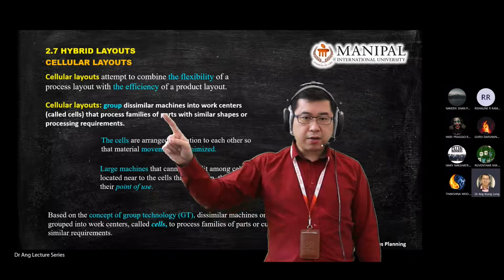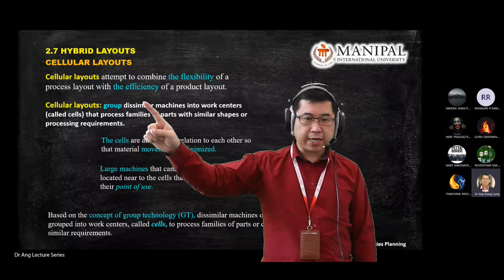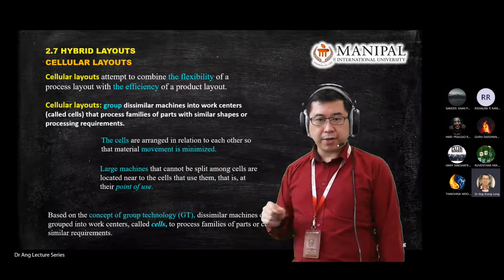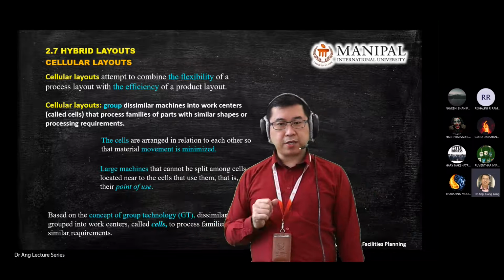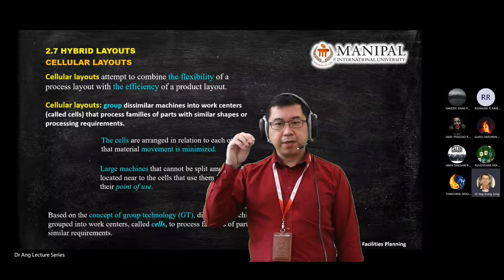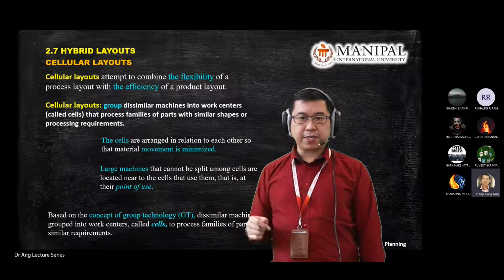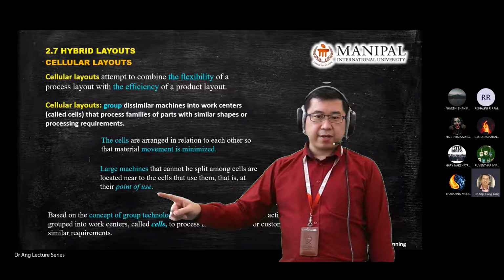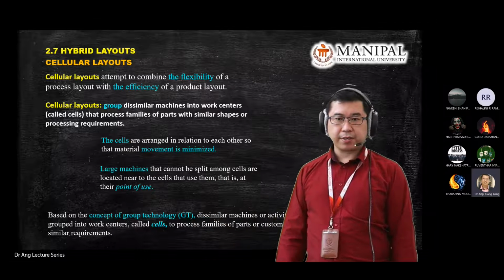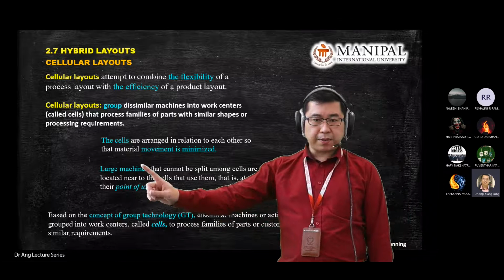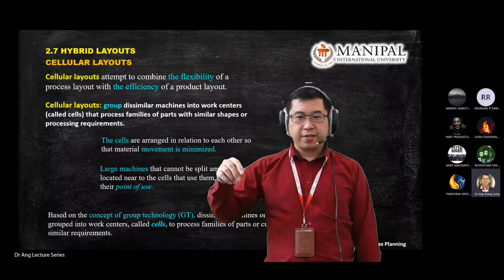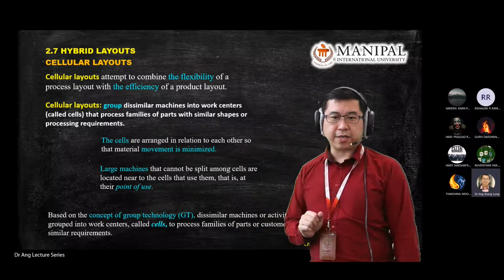Usually, when the manager uses the cellular layout, they will put them at the center, or at the middle of the process where they can interact with other cells. So if you have a big machine, you put it in a position where it can interlink with other cells.